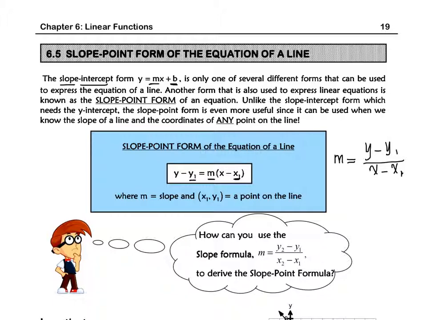And then if you consider that as m over 1 and cross multiply, you will get y minus y1 equals m outside of x minus x1, which is your slope-point form of the equation.